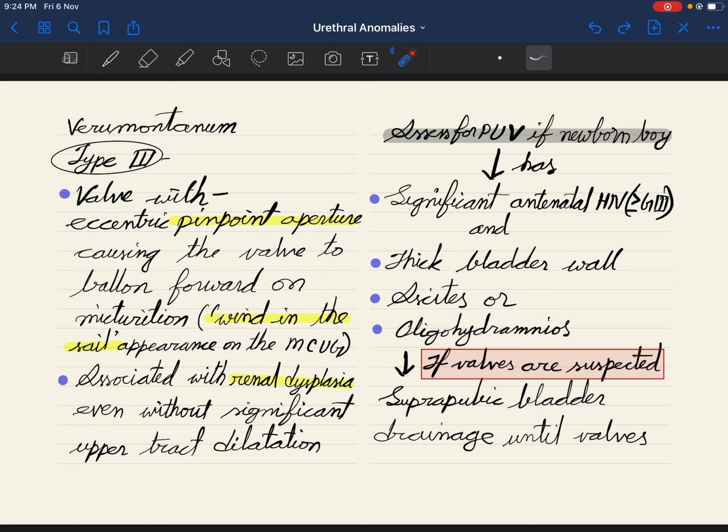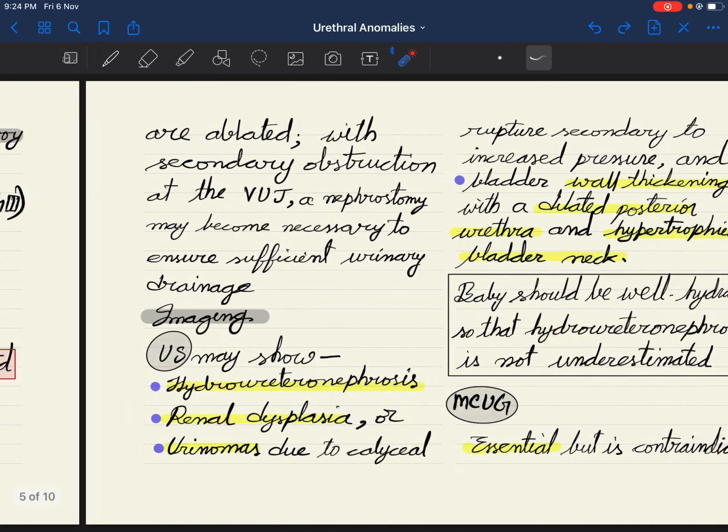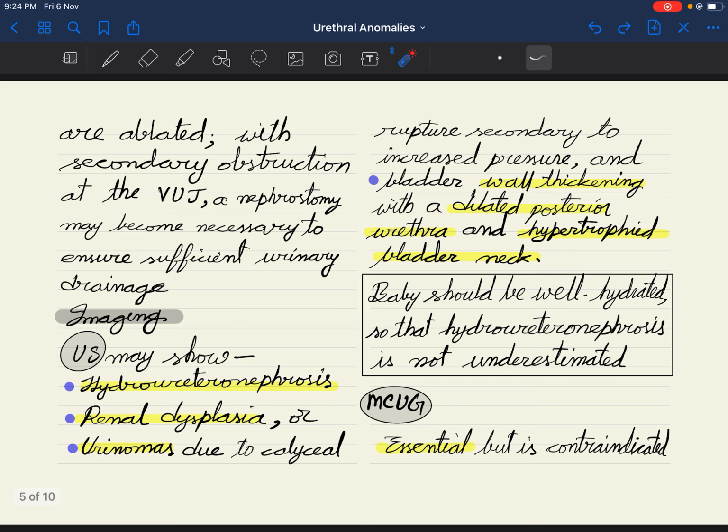And if we suspect posterior valve, then we should go for suprapubic bladder drainage until valves are ablated, with secondary obstruction at the vesico-ureteric junction. A nephrostomy may become necessary to ensure sufficient urinary drainage.